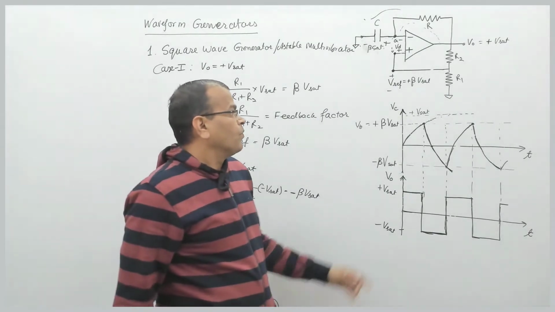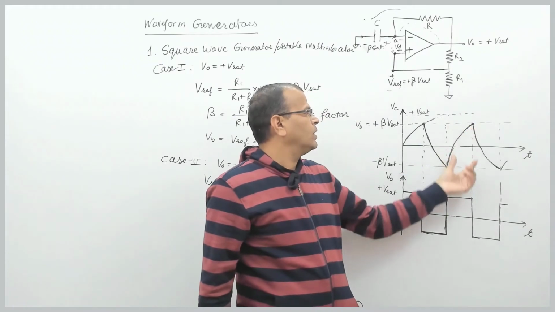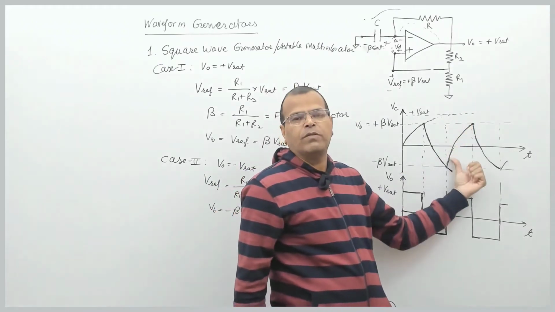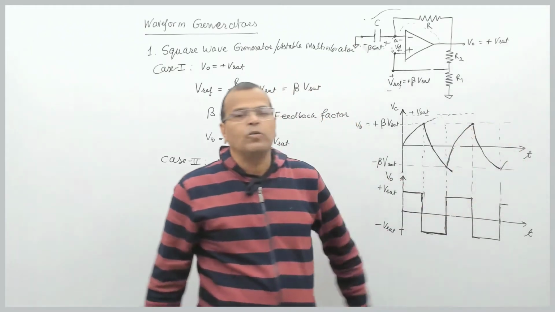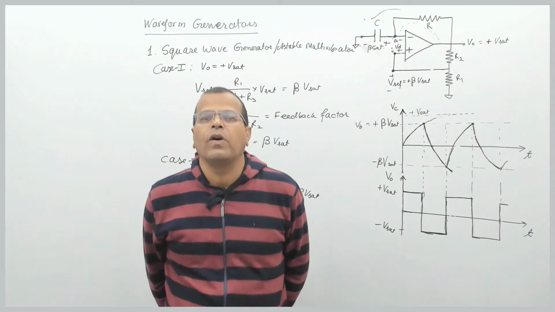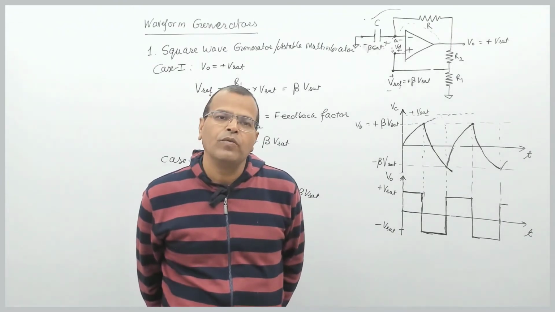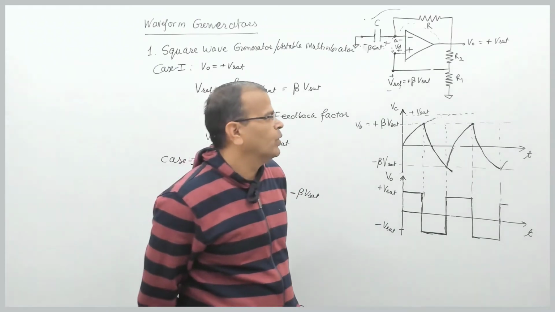This keeps on going: the voltage across the capacitor keeps on changing from minus beta V set to plus beta V set, and so on cyclically, and my output continuously varies from minus V set to plus V set to minus V set, and so on.